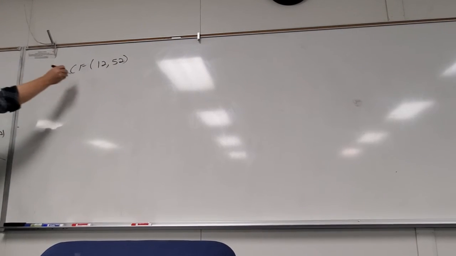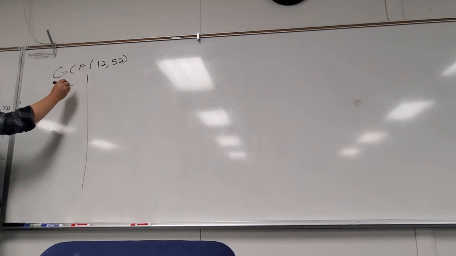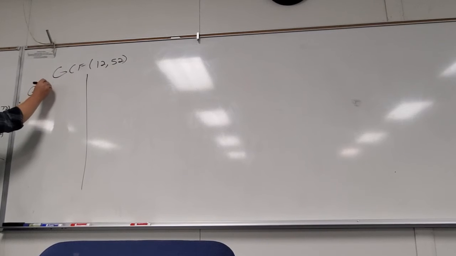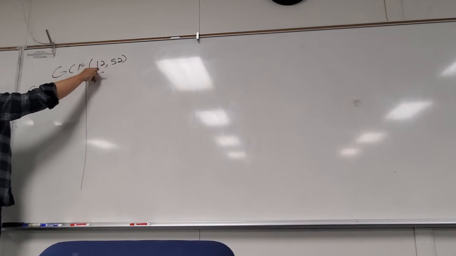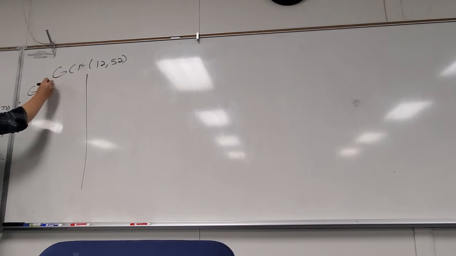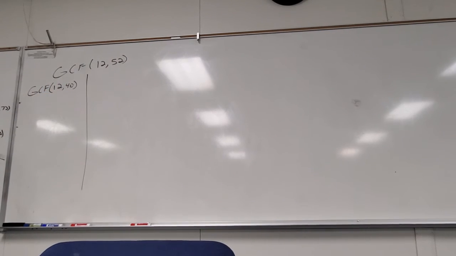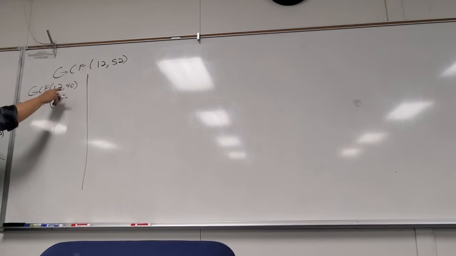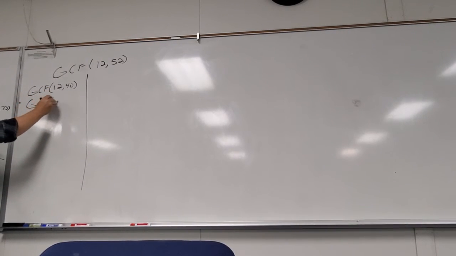So I'm going to do it 2 ways. So I could do 52 minus 12. Is everybody with me? That's just the subtraction theorem thing. And then I could do it again. 40 minus 12.